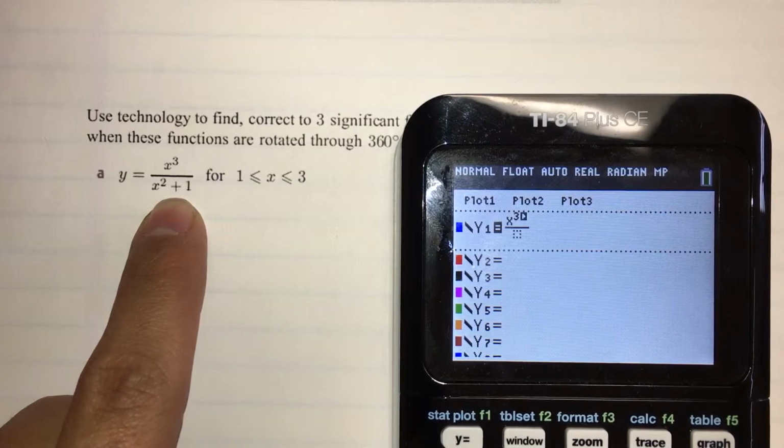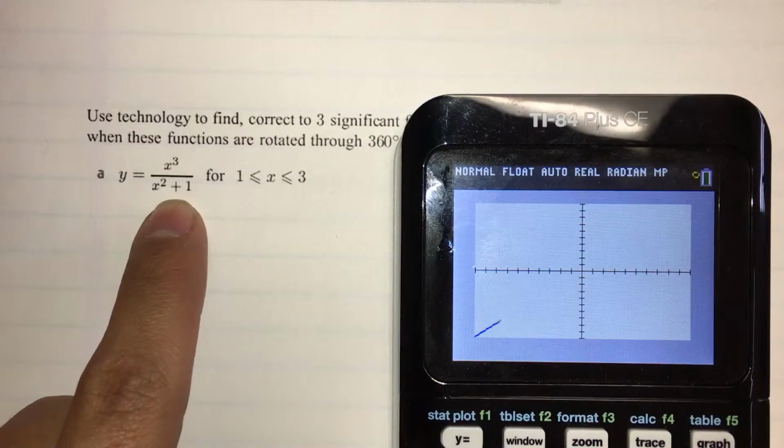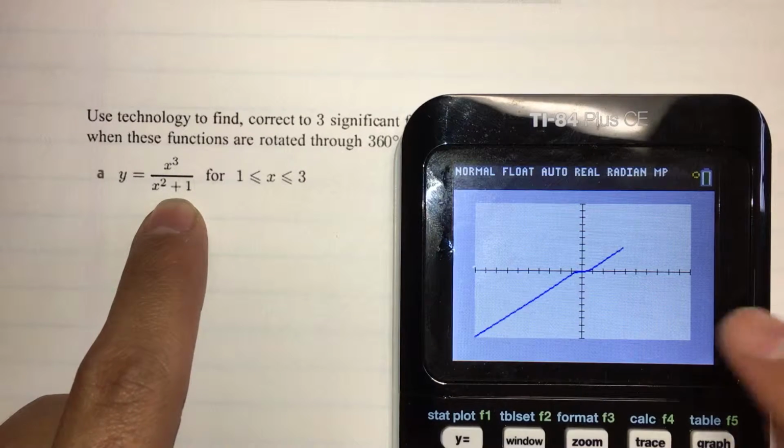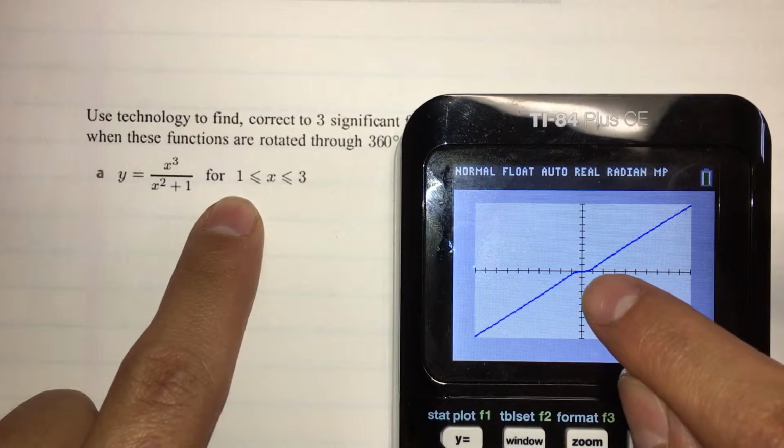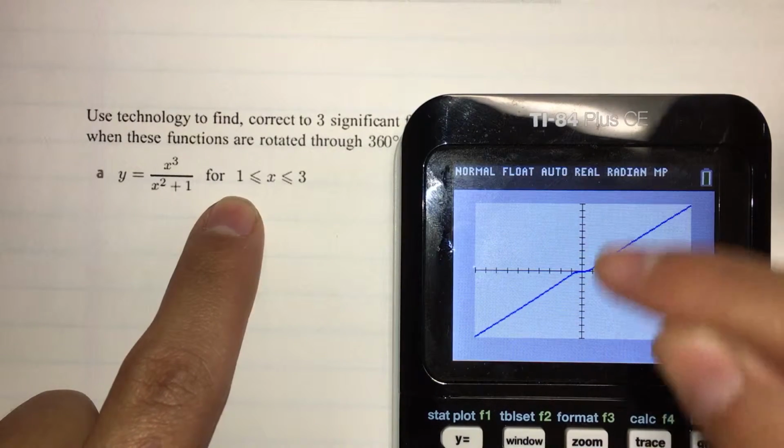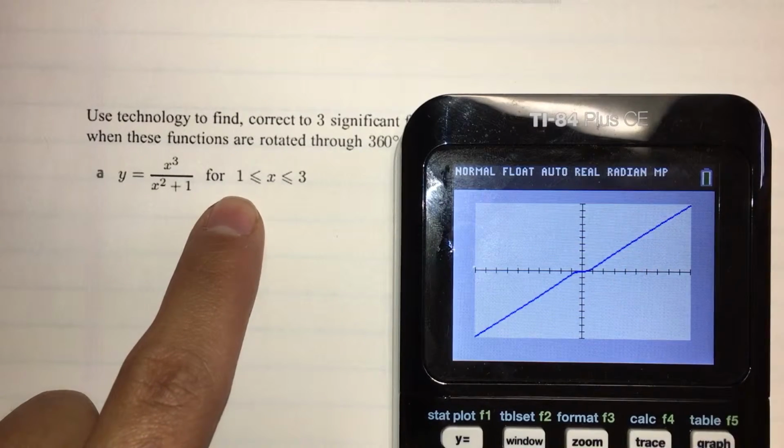I have x cubed divided by x squared plus 1. That's our function. I'm going to graph it to see what it looks like. Oh, this is a slow graph. So we're essentially getting our function, and we're going to cut it from 1 to 3, spin it around the x-axis, and find that solid.